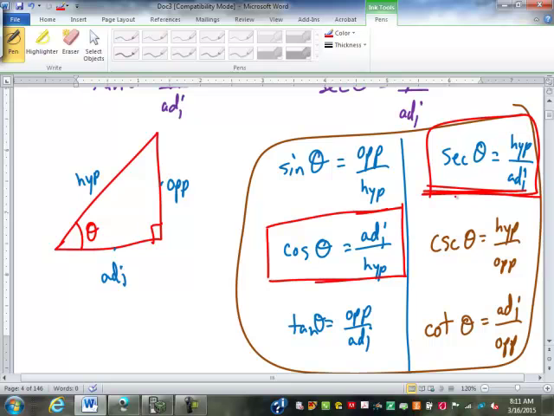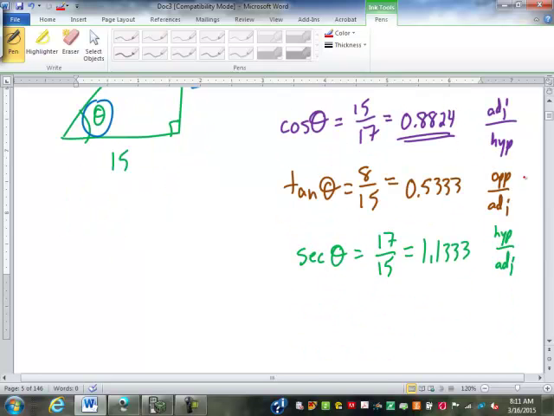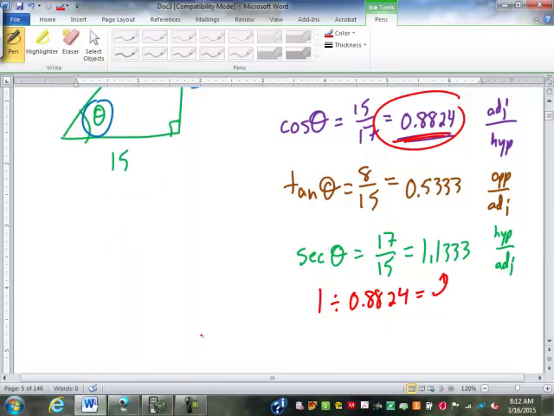So one definition of secant is it is the reciprocal of the cosine. 1 divided by the cosine. If you look at this down here, if you take the cosine, which is 0.8824, if I do 1 divided by that, now again, there's round off error there, so this might not be exact. But it should come out really close, and it does, 1.1333, which is the secant of that angle.